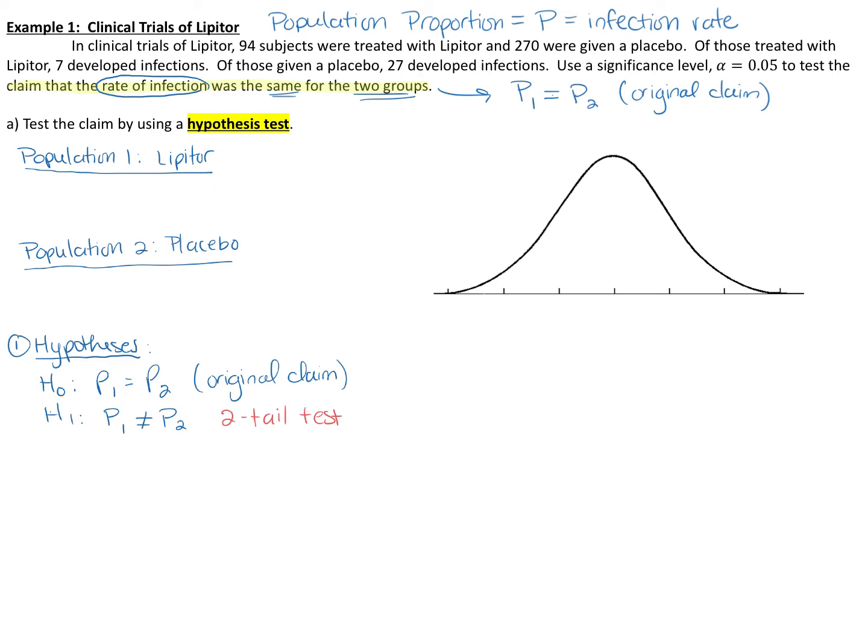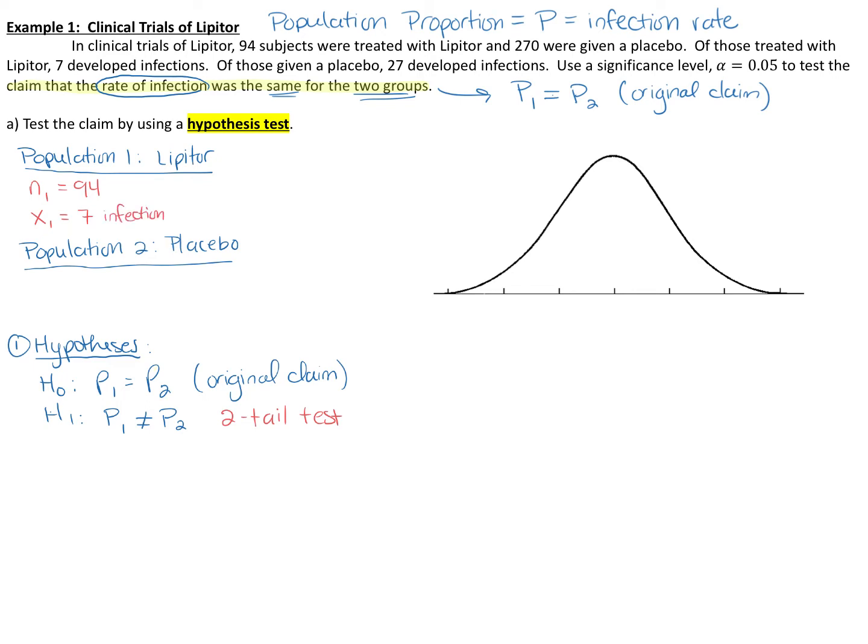So in order for me to test the claim, I need to gather some evidence, some sample data. So the sample data that we have to work with is the group with the Lipitor. Our sample size was 94 people, and X represents the number of people who actually developed infections. So that's 7 people had infections.